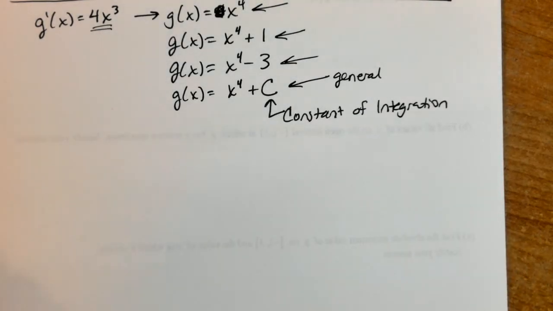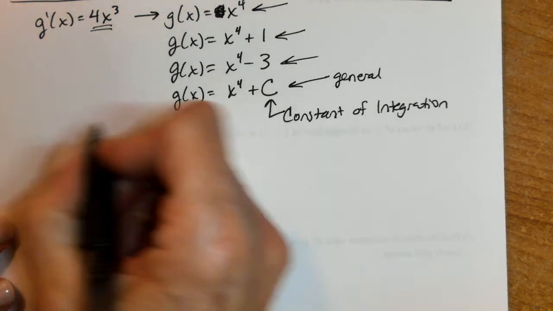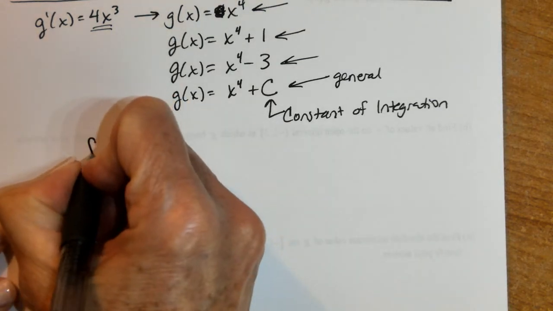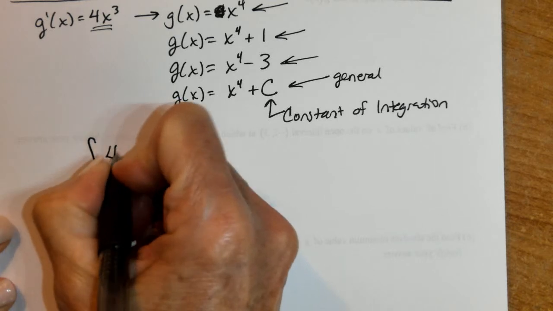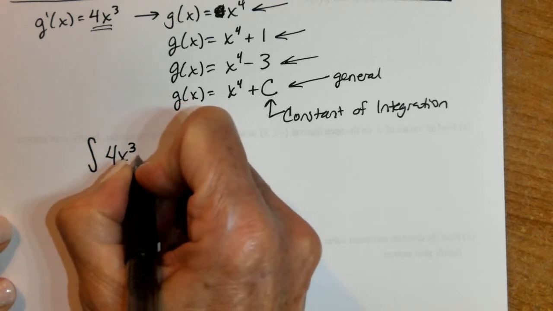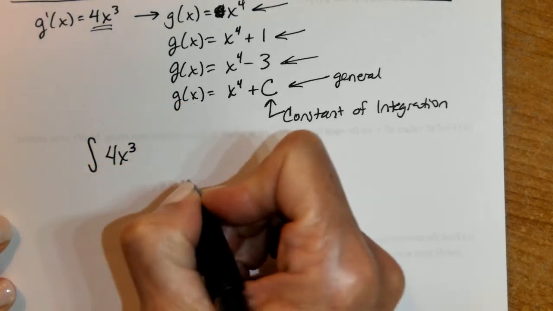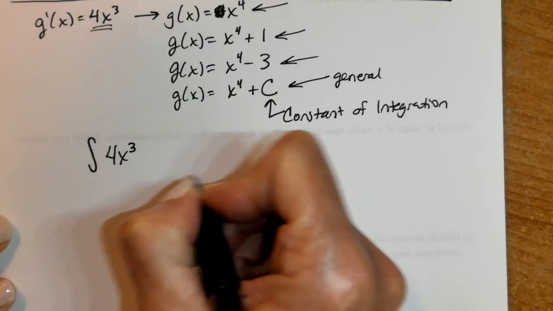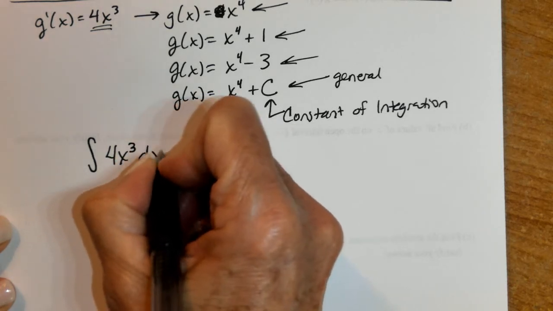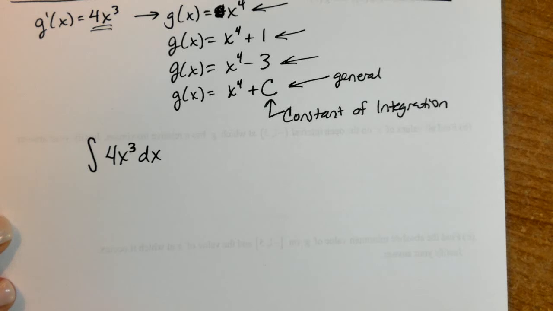Okay? So we have some notation to talk about. We denote antidifferentiation, antiderivatives, with an integral sign. So we can say the integral of 4x cubed, we need to state what we're taking the integral with respect to. We're taking it with respect to x. So I'm going to write that dx. Otherwise, you don't know what variable to take the derivative with respect to.